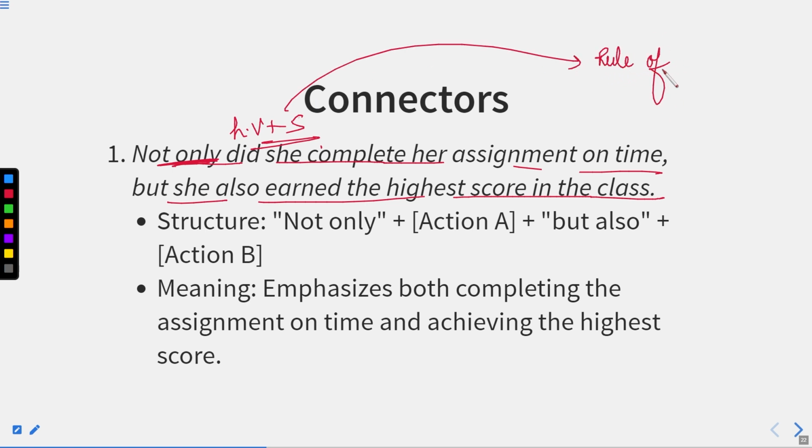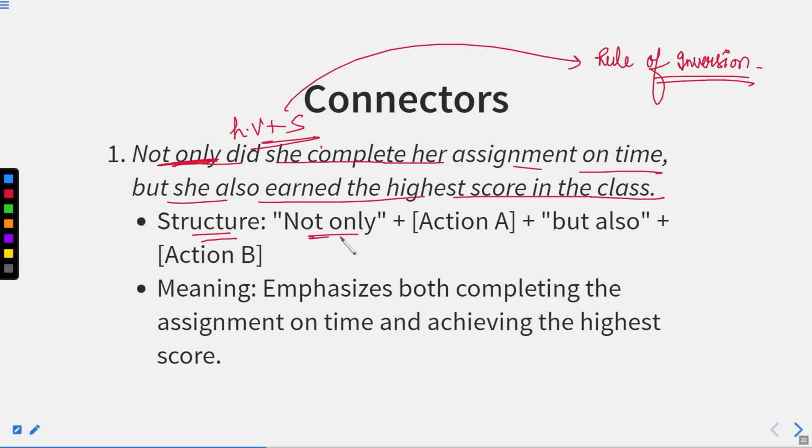Okay, so this is the pattern if we want to use not only in the beginning of the sentence. So this is called rule of inversion. Well, we have discussed this in the chapter of verb and adverb. In fact, in conjunctions as well, we have already discussed this.